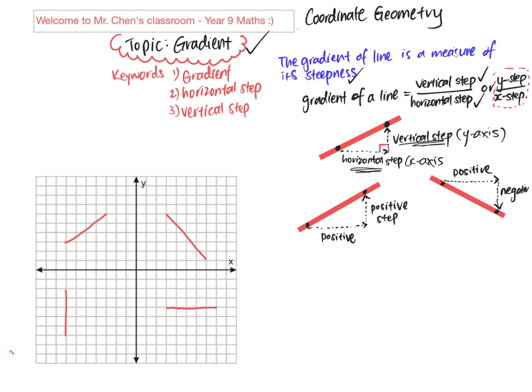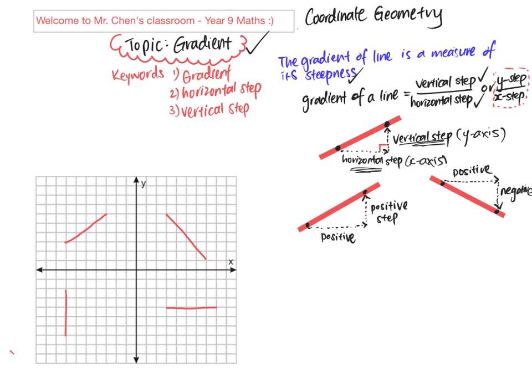It is that simple. So you will see 2 points. In order to find the gradient, you need 2 points, so 2 coordinates. With 2 coordinates, you will be able to look at how steep the line is.